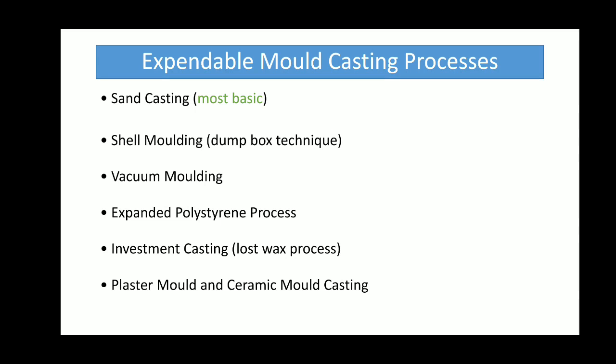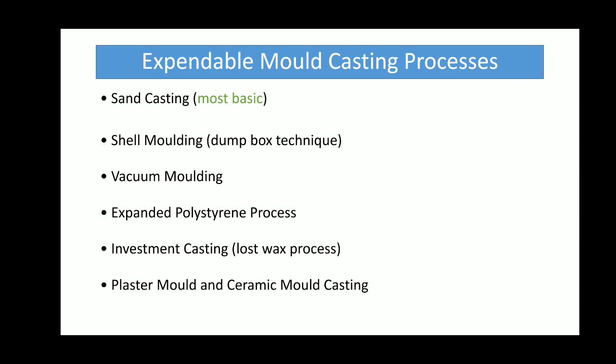Those things we will discuss in detail in the subsequent lectures on some of the special casting processes. Now coming to the expandable mold casting process, some varieties we have listed down. What is the expandable mold casting process? Expandable mold means that in this case the mold we make is for a single part, or for a single cast.